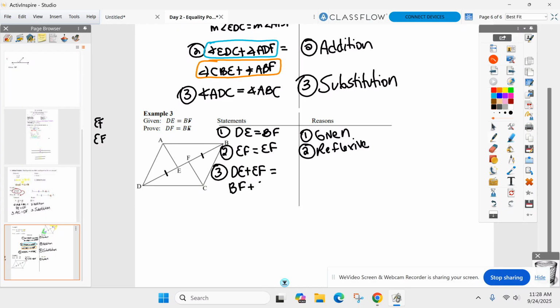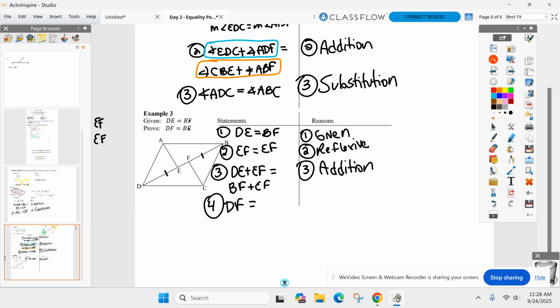Perfect. Addition. And then what always comes after addition? Substitution. Yep, substitute in what it's equal to. So DE plus EF is the same as DF.